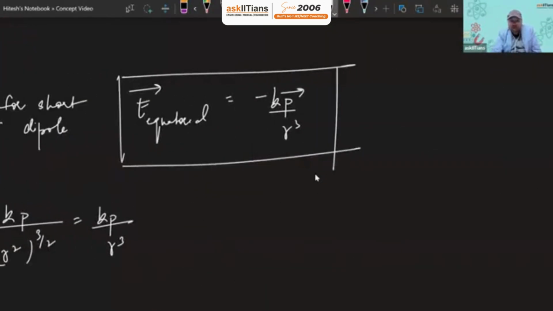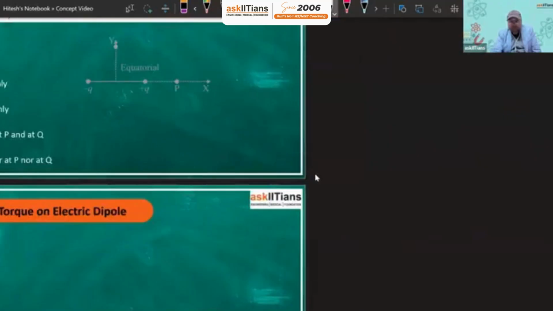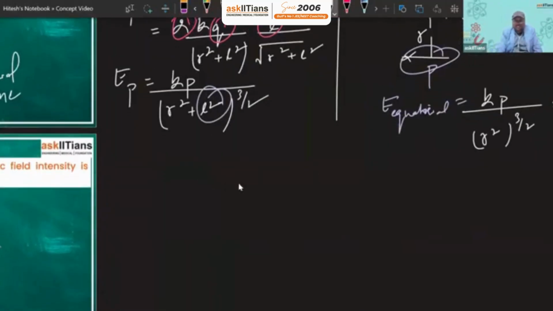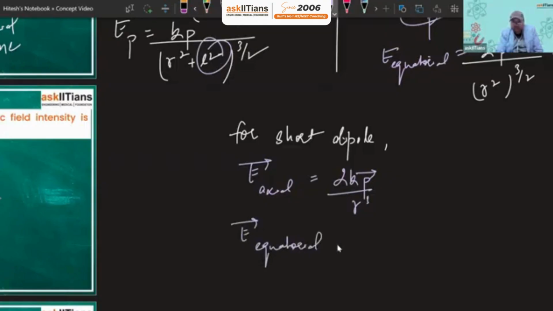So you can see for a short dipole, we have vector E axial as 2K vector P by R cube, and vector E equatorial is minus K vector P by R cube.